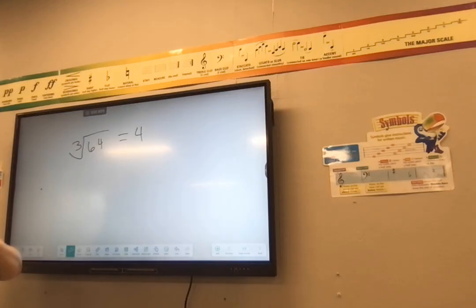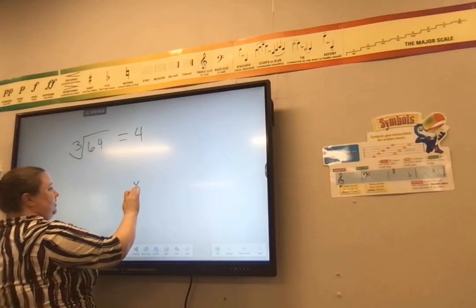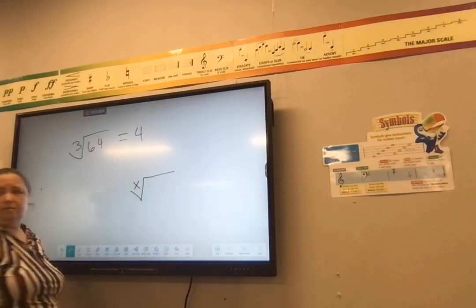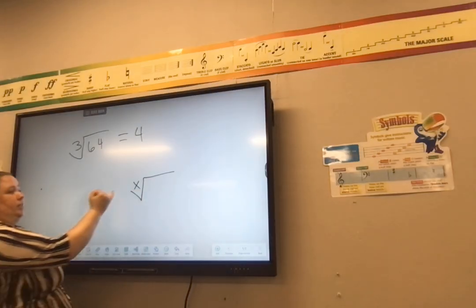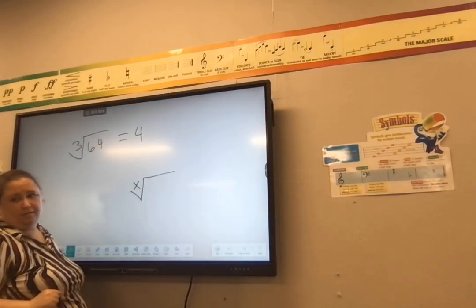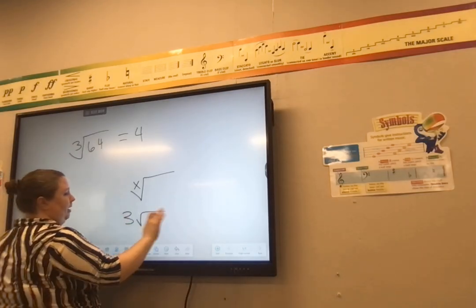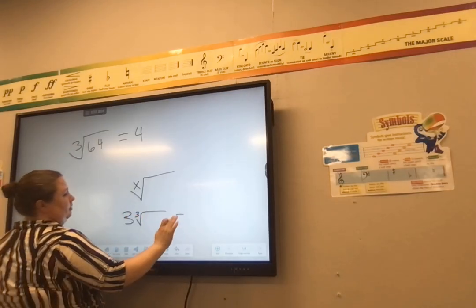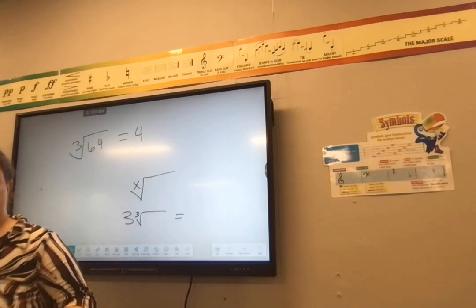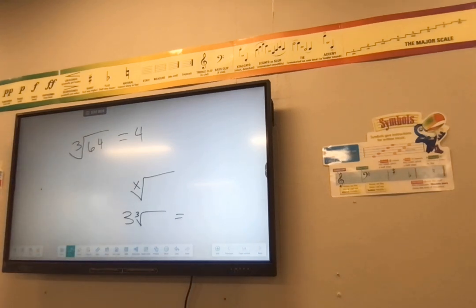Make sense? Okay, to do this on your calculator, you should see a button with an x and a radical. This means you get to plug in that x. So you would type 3, then hit that button, cube root, and then equals. Let me check your calculator to make sure I did it right. It worked.